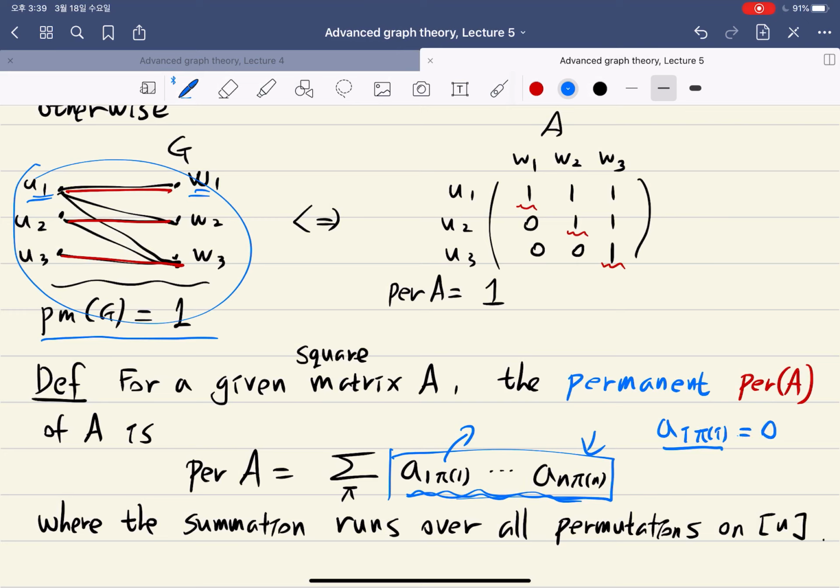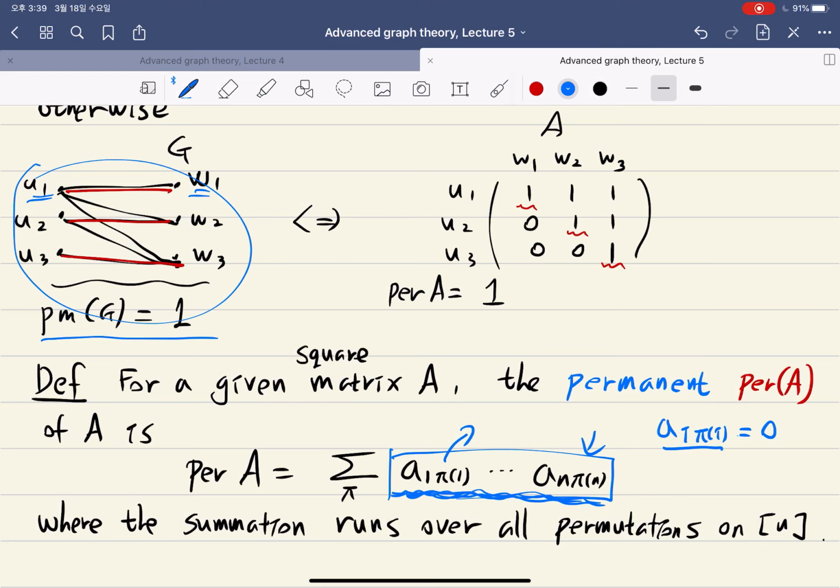So if some permutation pi does not correspond to a perfect matching in G, that means this term vanishes. So all the terms here become 0 if they do not correspond to a perfect matching in G.